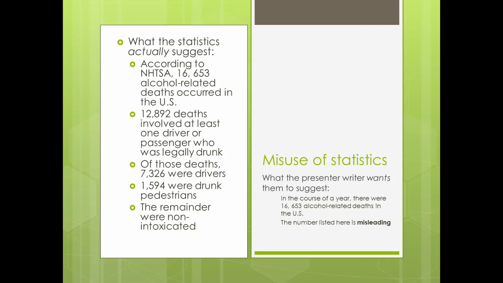Of the drivers who were impaired by alcohol, they only accounted for 7,326 deaths. That's less than half, or just about half, of the overall statistic that's used in the misused example. 12,000, a great majority of the deaths, involved at least a passenger who was legally drunk. So maybe the driver wasn't drunk, but it was only the passenger and they distracted the driver or grabbed them or something like that.